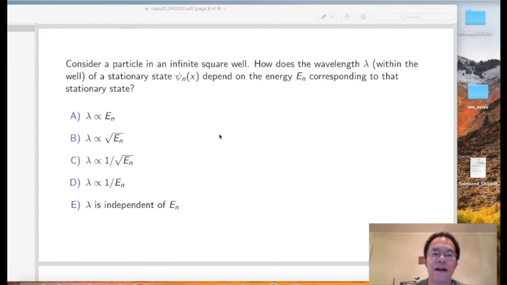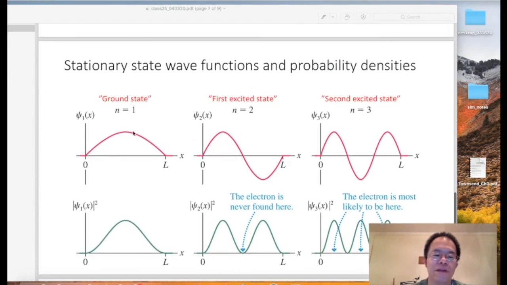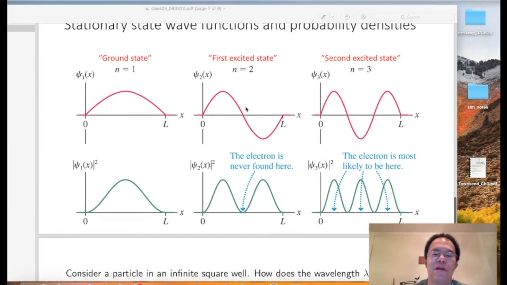So hopefully you had a chance to think about it. We had worked everything out in terms of k, right? So if the wave functions up here go like sine kx, we can relate that k to the wavelength within the well.